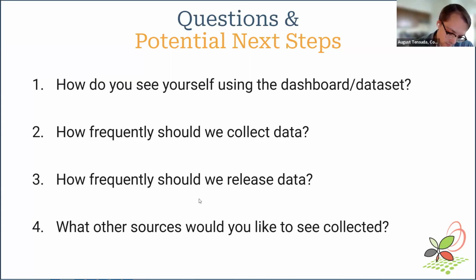We typically use the CMHC data, but it's not available for all communities in the smaller areas. So that's a challenge for sure. So we have lots of discussion about the best rental sources we should be using.